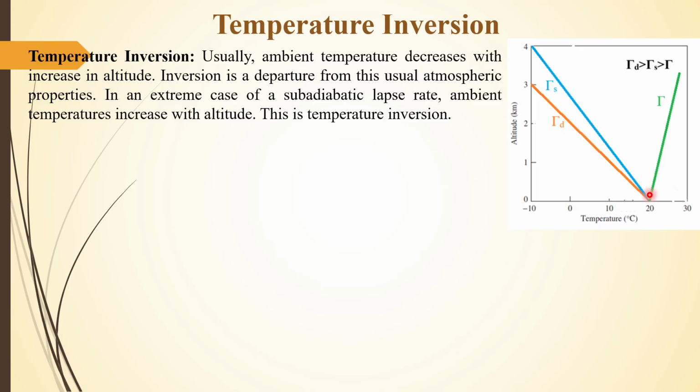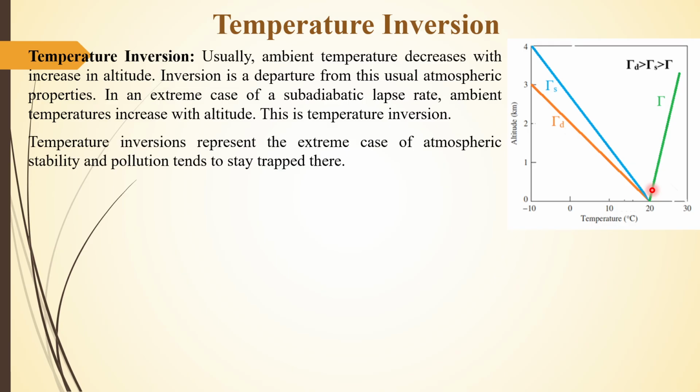You can see that ambient temperature increases with altitude, and this is temperature inversion. So temperature inversion represents the extreme case of atmospheric stability, and pollution tends to stay trapped here.